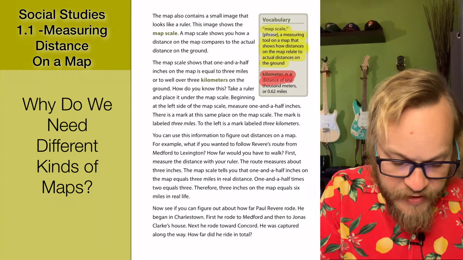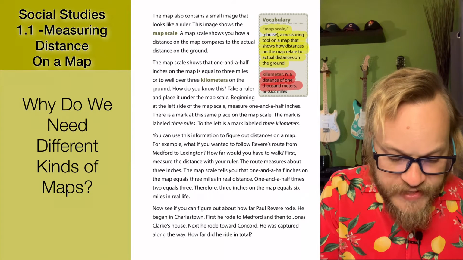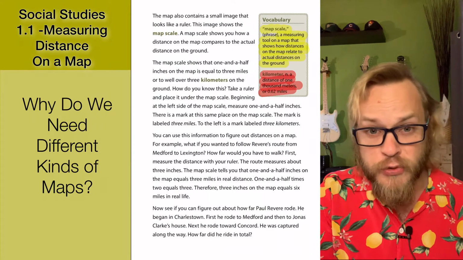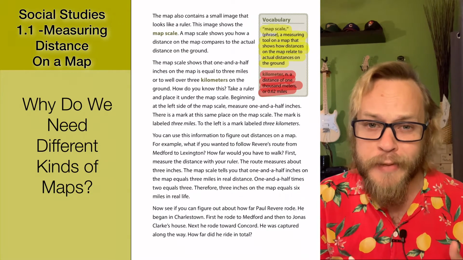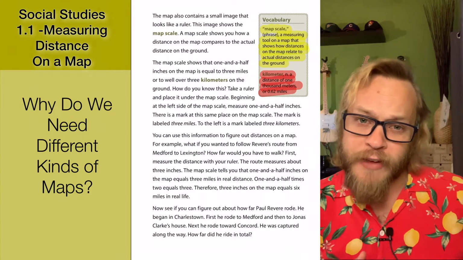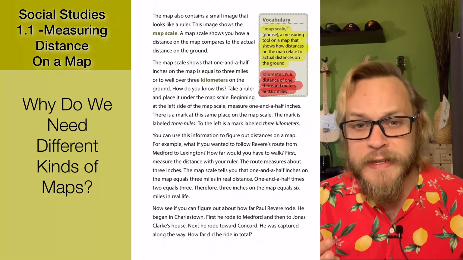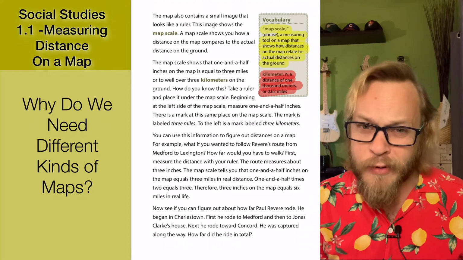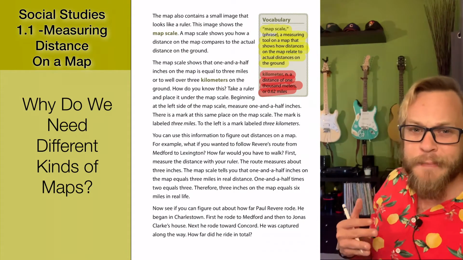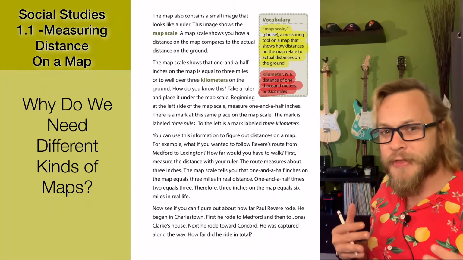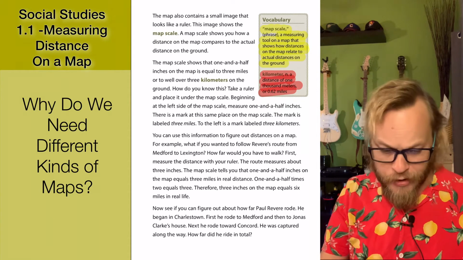A kilometer is a distance of 1,000 meters or 0.62 miles. And we'll talk more about kilometers and meters when we get to chapter 5 in math, but it's 1,000 meters. And a meter is roughly, if you take really big steps, you're stepping about 3 feet or 1 meter. Okay?